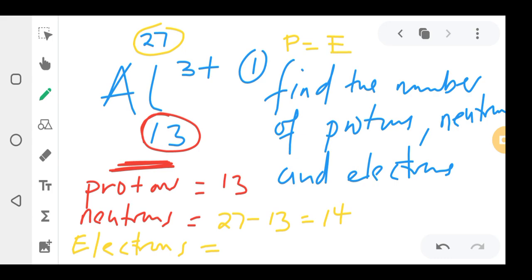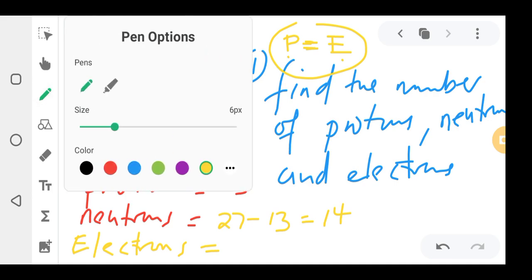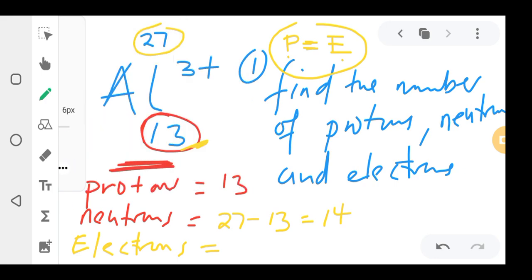So if the protons are 13, the electrons are also 13. But before you put that number, you always look at the charge that is given. The charge will tell you what has happened.